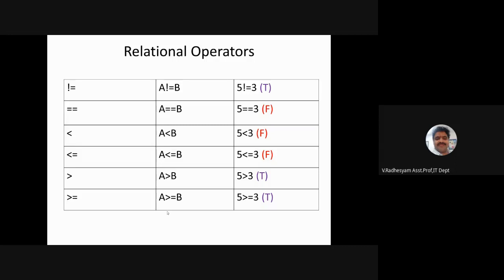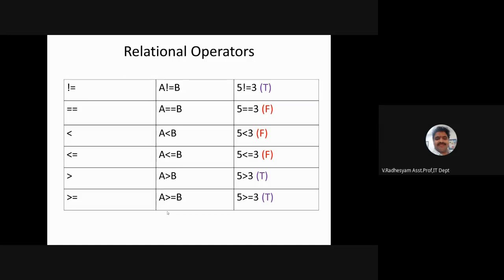But the key difference is that on success you will get true, on failure you will get false, which is maintained in Python as true or false. In the case of C, it is maintained with 0 and 1. Instead of true and false, we maintain zeros and ones.